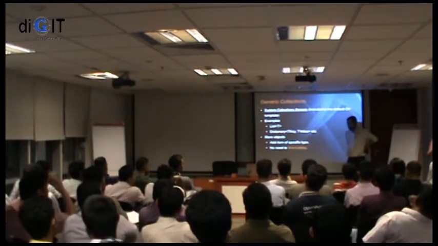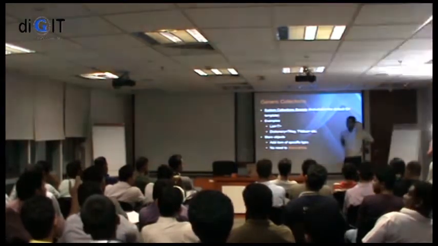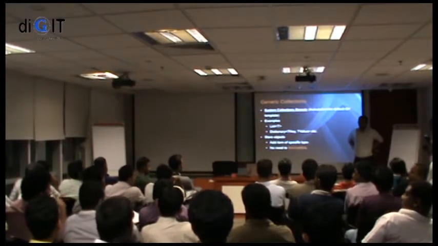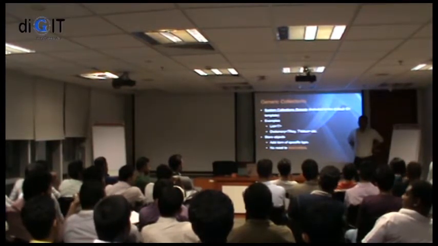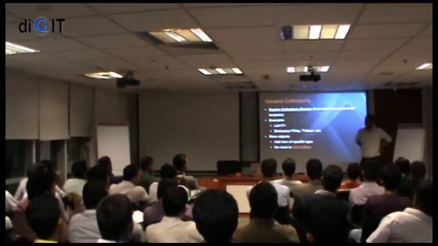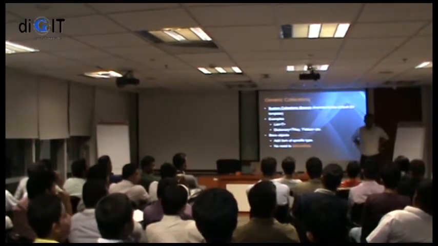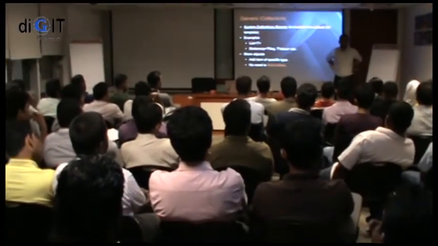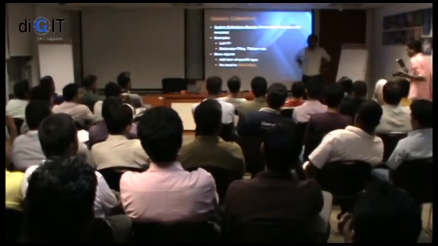If you are converting a value type to a reference type, it will be boxed. An integer type converted to object, that is boxing. Object cast to integer, that's called unboxing.